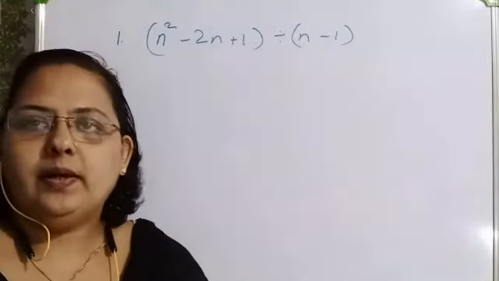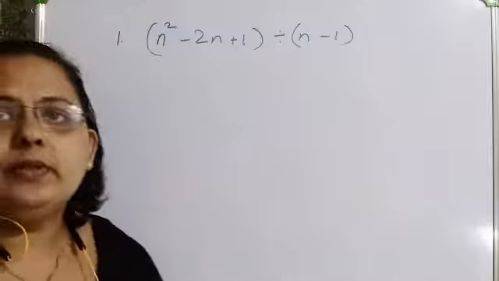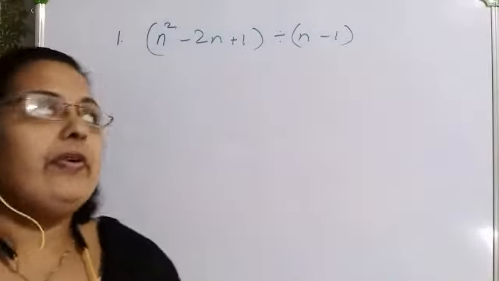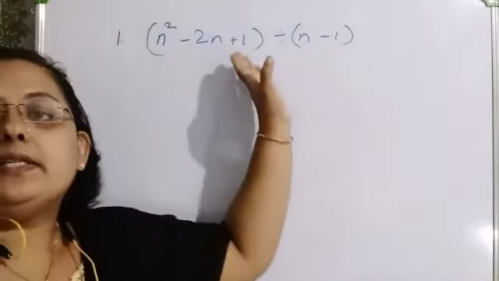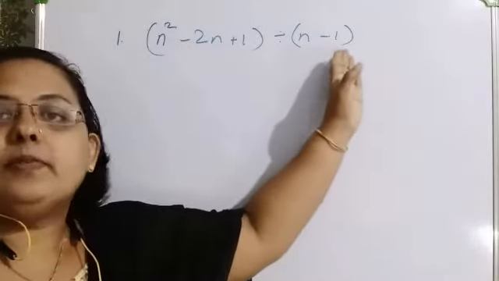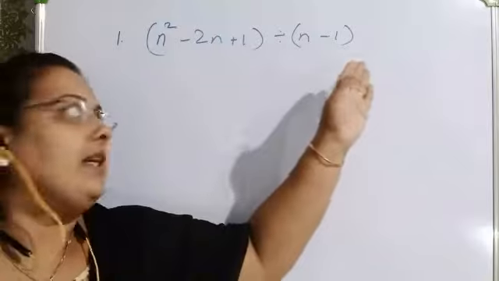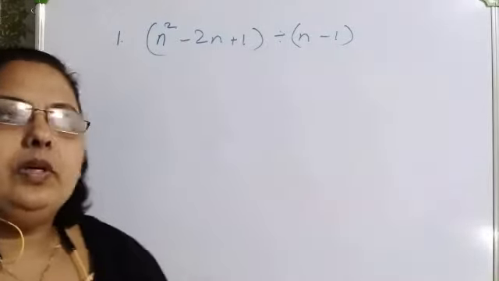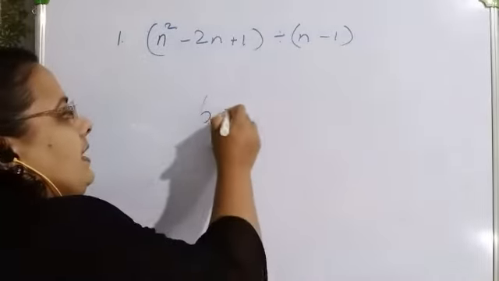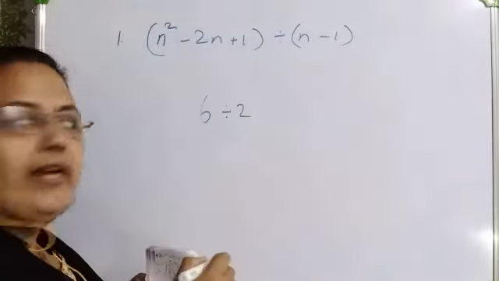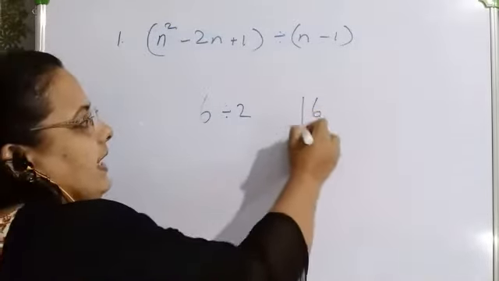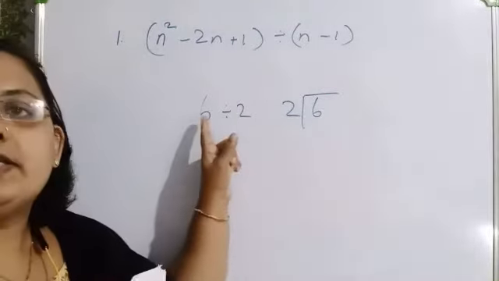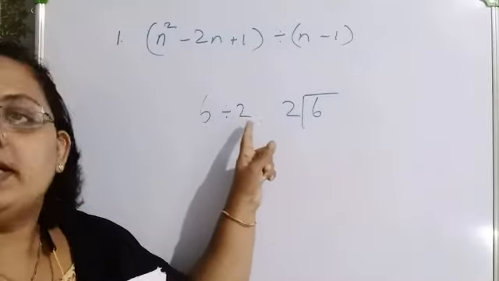Okay, so this one we have to divide. So normal division, what we will write? We will write the first one. What is the first one? It is the dividend. And the second term is the divisor. Isn't it? The same way, normal division, what we will do? Here if it is 6 divided by 2, you will be writing 6 inside and then bar and then 2 will write, because the first one is the dividend and the second one is the divisor.